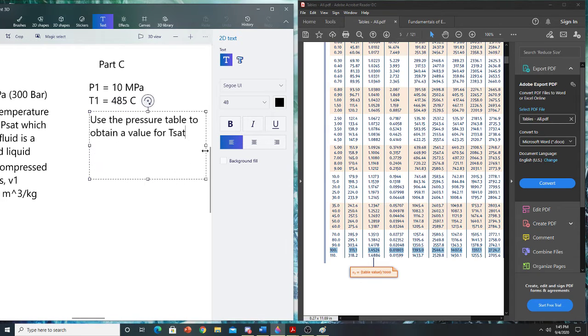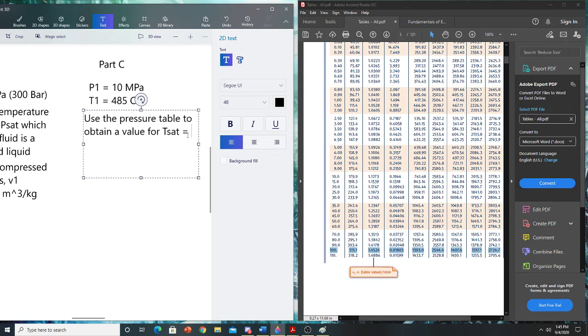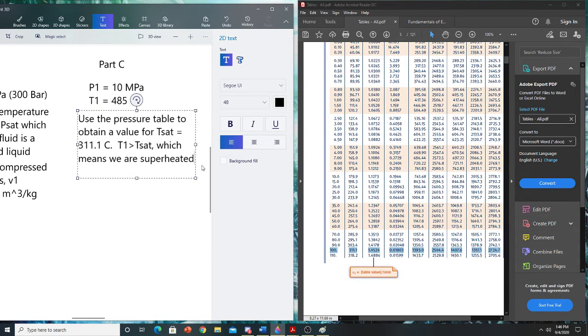Our value of Tsat, the saturation temperature, is equal to 311.1 C. Then T1 is greater than Tsat, which means we are superheated, right? Because we're using the pressure table. Like I said, that relationship depends on where you started. But essentially, for the pressure table, it is superheated if you are higher than that number, okay?